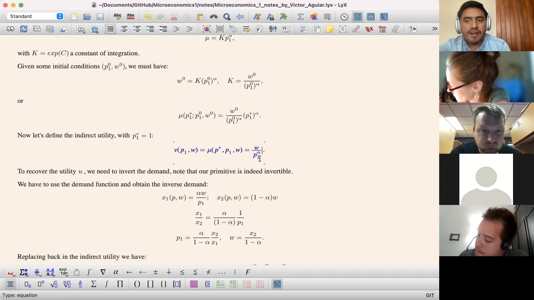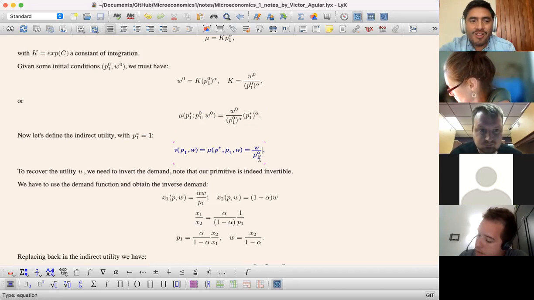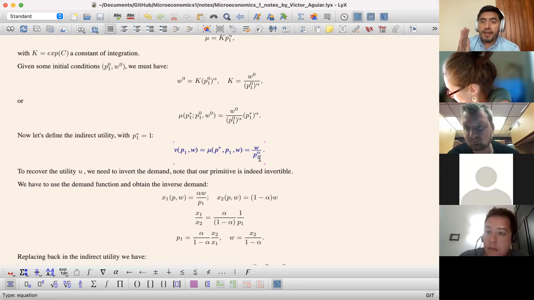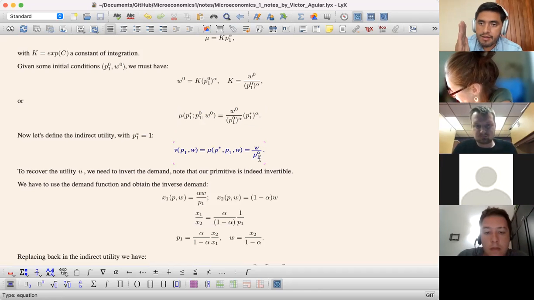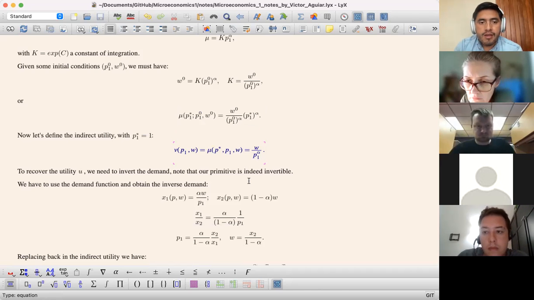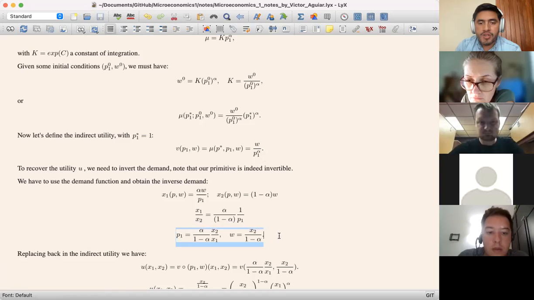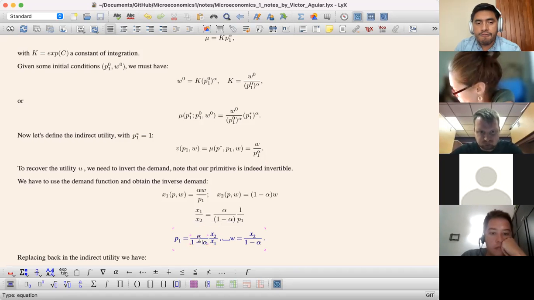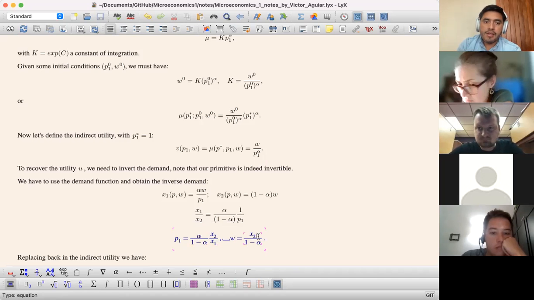Okay, but how am I sure, right? I'm still not done. Now, if this is in fact the indirect utility of a Cobb-Douglas, it must be the case that if I replace the inverse demand, and what is an inverse demand? The inverse demand is essentially this object here that is mapping prices as a function of quantities, right? And income as a function of quantities. So this is the result of inverting the Cobb-Douglas demand.